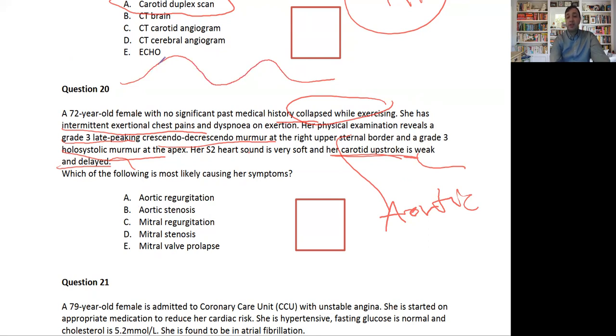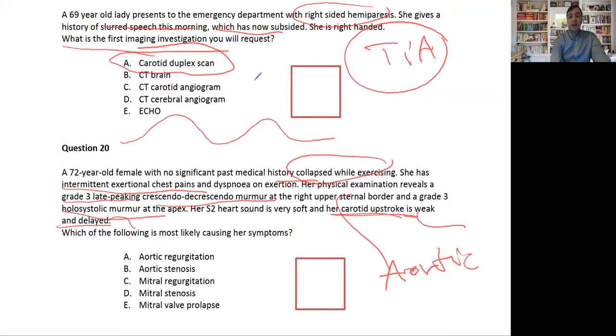The upstroke is weak and it's delayed. Compared to the normal presentation of the carotid pressure, the upstroke must be quick and strong, and the downstroke must be quick as well.